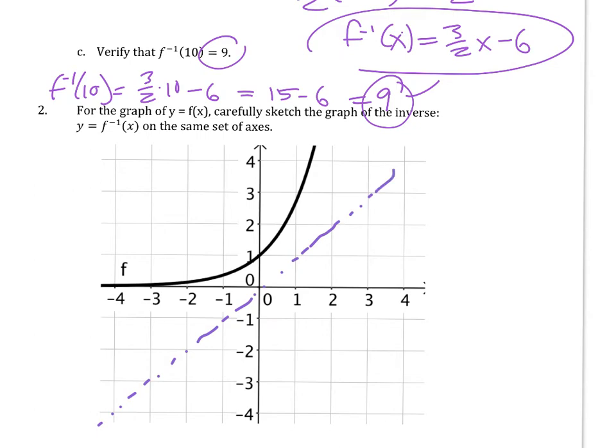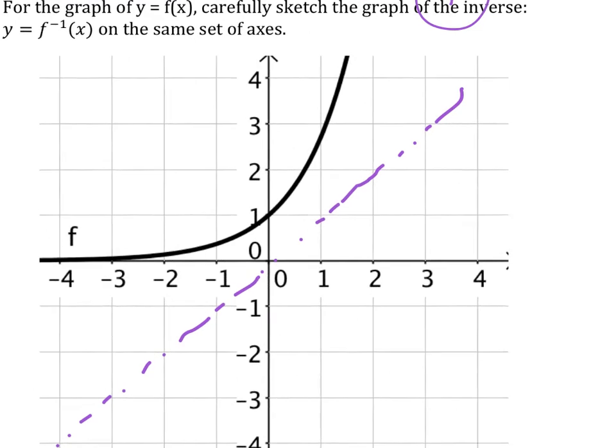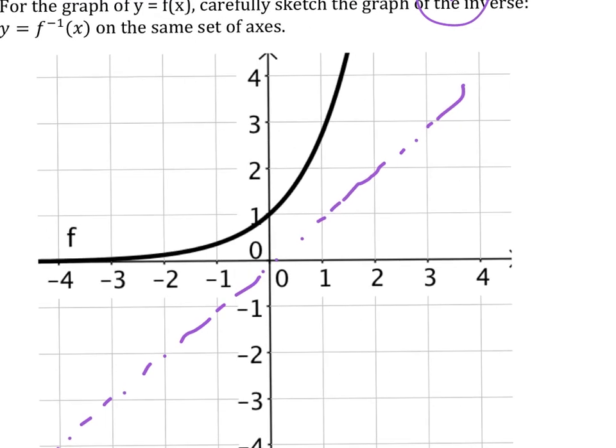And I'm just going to take points that I identify on the original function, so like that one there, and put their mirror image on the other side of that dashed line. And here's when it goes through 0, 1, so that's going to be at 1, 0. And then we're going up here, we're at 1 point something, 3, so that'd be 3 comma 1 point something, that would be right about there.